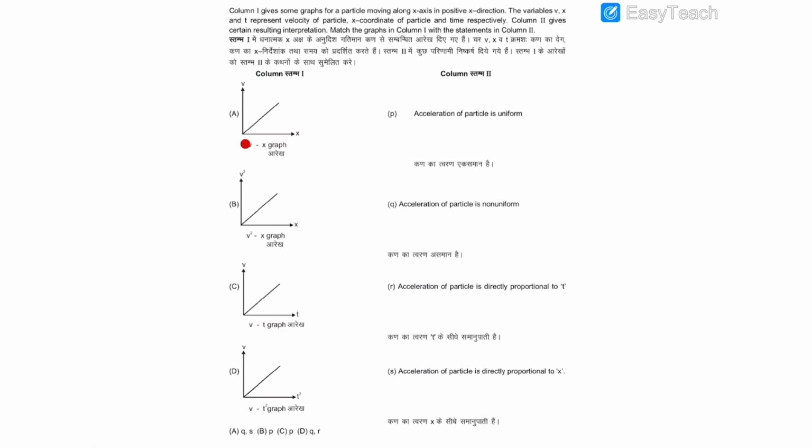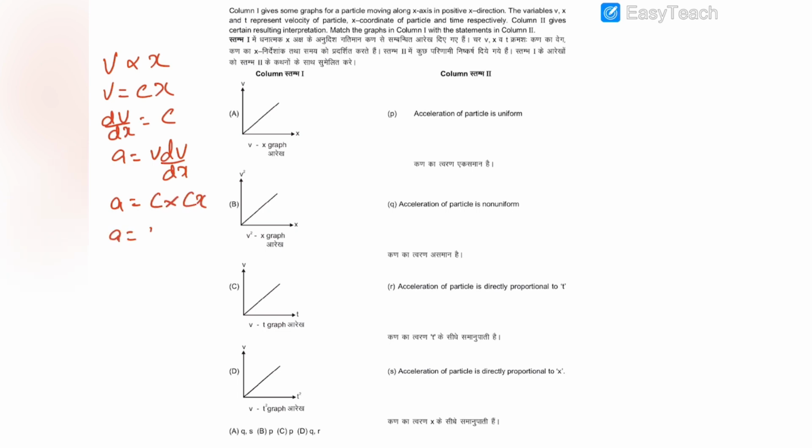Option A: the Vx graph is a straight line, which means that V is directly proportional to x. Let's suppose V is equal to Cx. Now dV by dx is equal to C, and acceleration is V dV by dx. So V dV by dx would be equal to C into Cx.